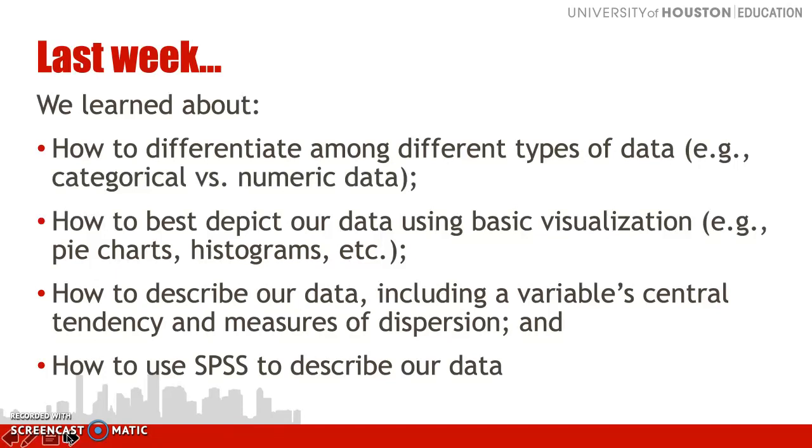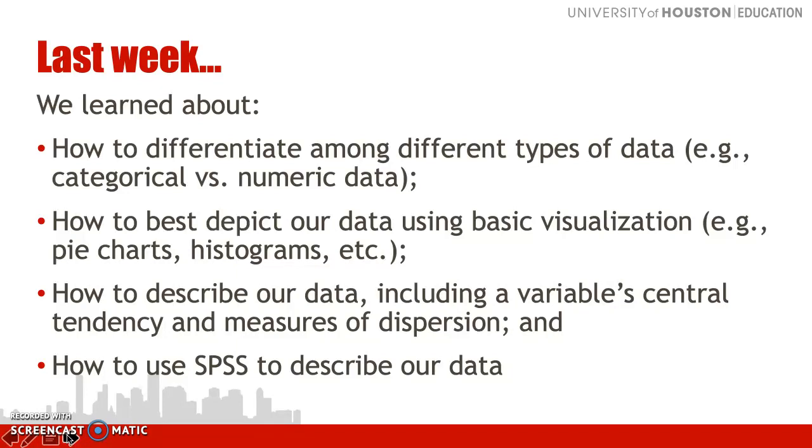We also talked about how to describe our data. In other words, what is the central tendency and how much variability there is in a particular variable's distribution. So those measures of central tendency were mean, median, and mode. And the measures of dispersion that we talked about were range, variance, and standard deviation.